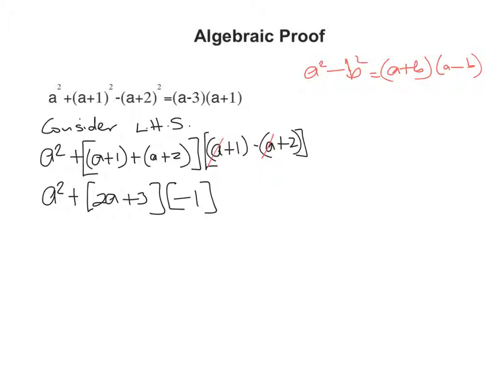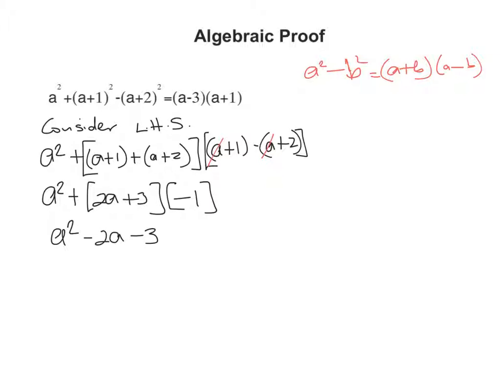And as you can see, the minus 1 will multiply by these here, thereby giving me a final answer of a squared minus 2a minus 3. Well, what do you know? I have a little quadratic here. Now, you use whatever method you want to use.